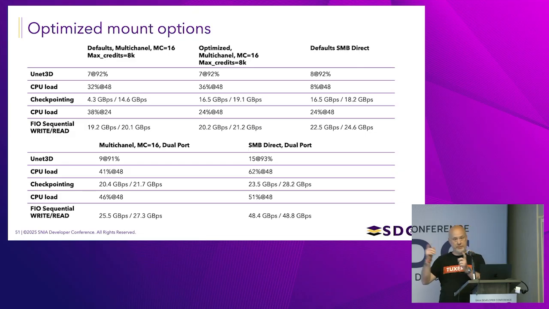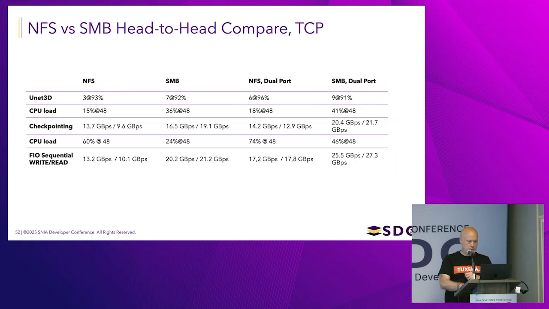And if you remember back to the NFS slides before, that is a pretty substantial number when compared. So if you look at these right here, you might guess over the years, and if I had had to put money down on it, I would have bet on NFS winning in these numbers. But that is not the case. The SMB performance was actually better under a number of circumstances.